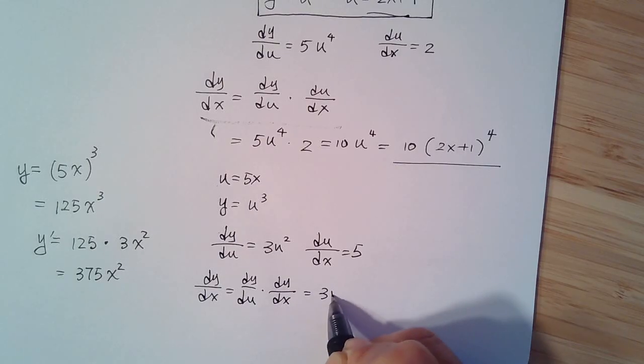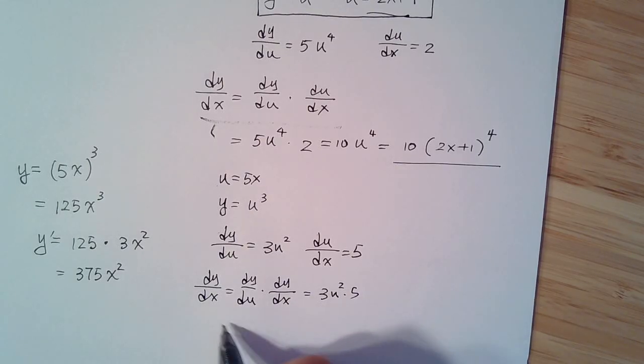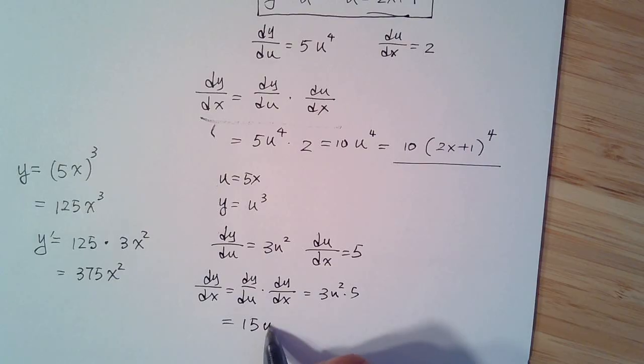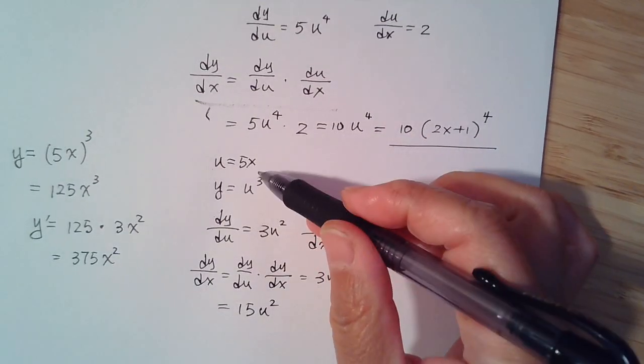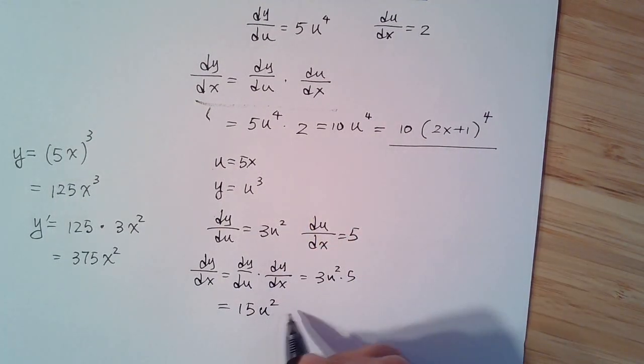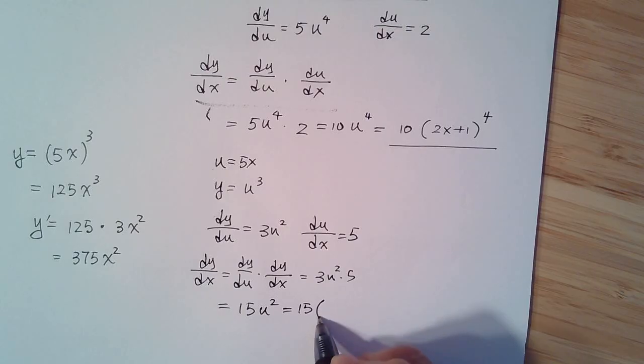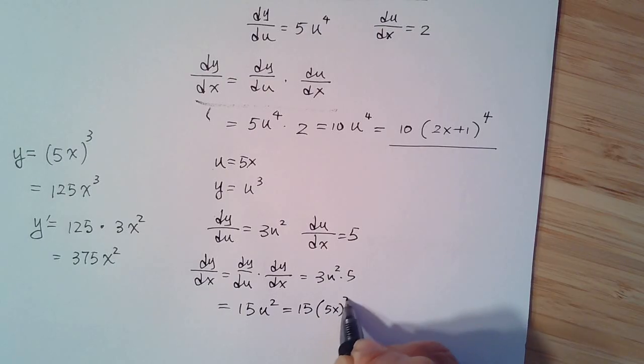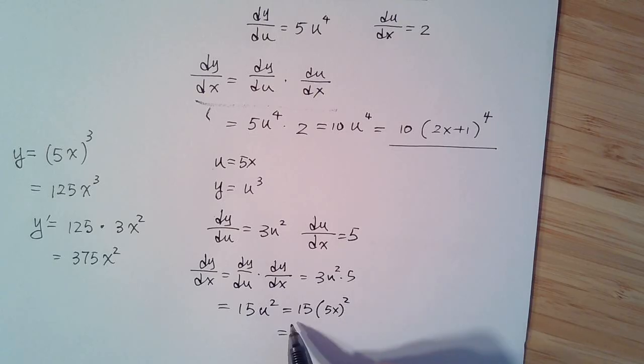So that's 3u squared times 5, which is 15u squared. And what is u? u is 5x. So we bring this back, and I get 15 times 5x squared. So 5 times 5 is 25, and 25 times 15 is 375, and then x squared.